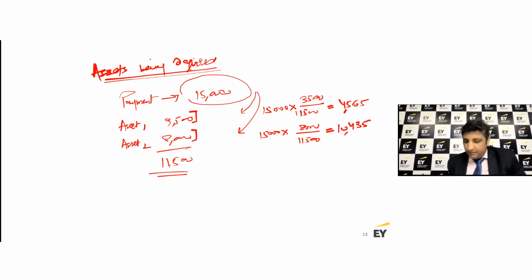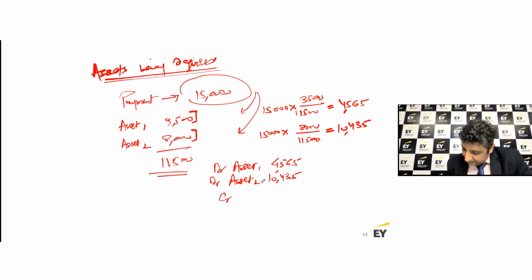Now, the moment I see these two values, how should company X be recognizing these two assets in its books? We are saying debit asset 1 at 4,565, debit asset 2, which is 10,435, and credit bank 15,000.